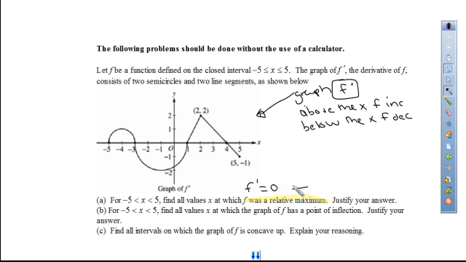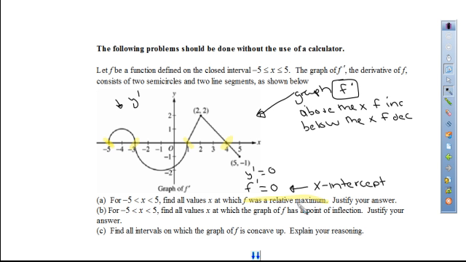That is the same thing as saying the x-intercepts, because f is another word for y, so when y prime is equal to 0, that's the x-intercept. This is f prime, which is y prime. So looking at my graph, where are my x-intercepts? My x-intercepts are right here, right there, here, and here.